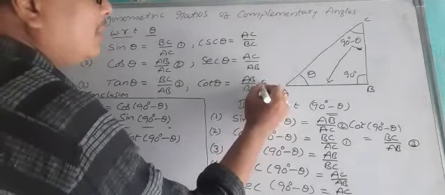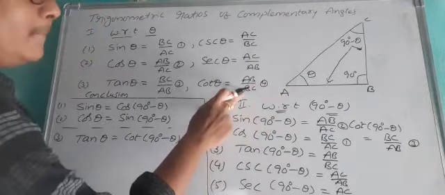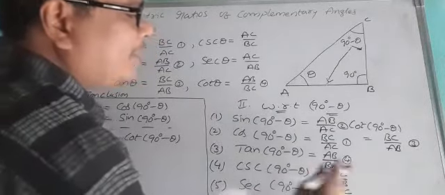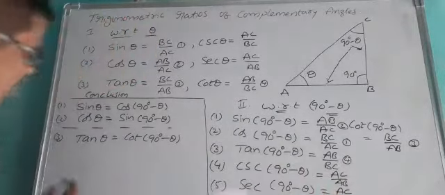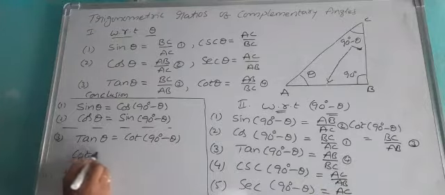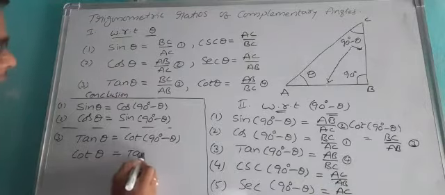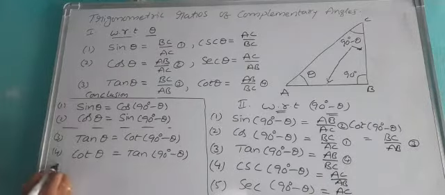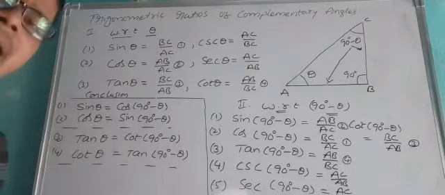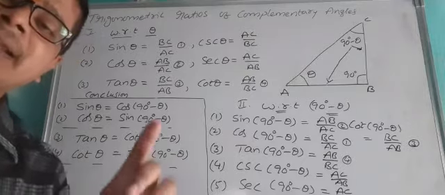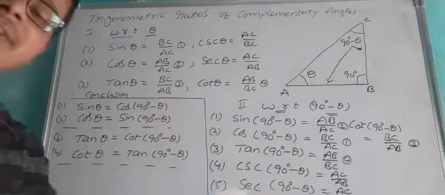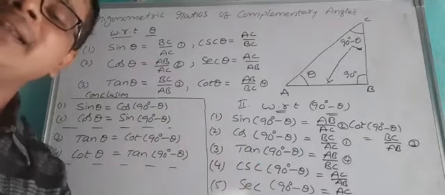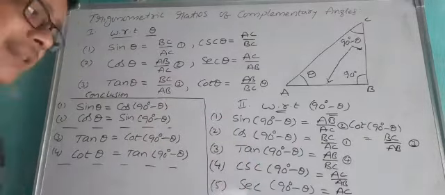Cot theta equals AB by BC, fourth one, and tan 90 minus theta is also AB by BC. So cot theta equals tan 90 minus theta. So they are mutually complementary angles to each other. So cot and tan are complementary to each other.